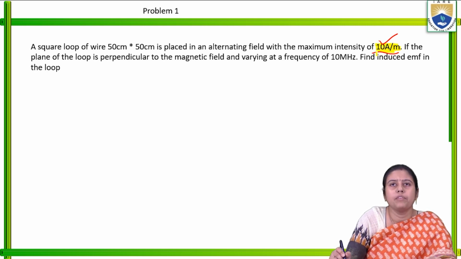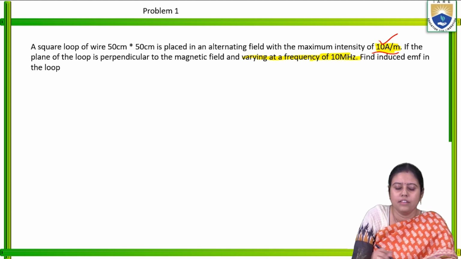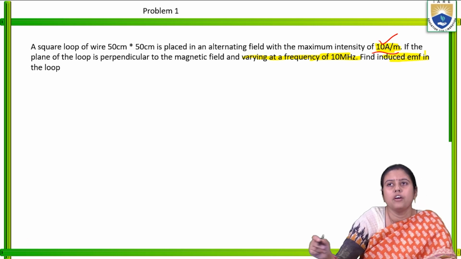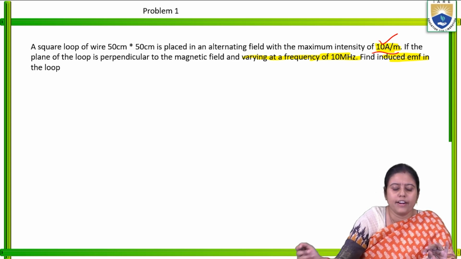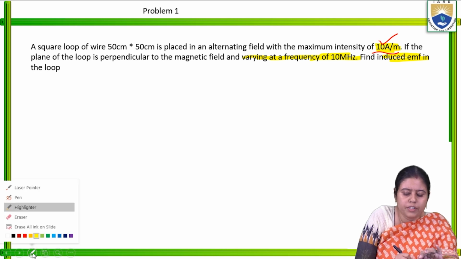If the plane of the loop is perpendicular to the magnetic field and the field varies at a frequency of 10 megahertz, find the induced EMF in the loop. So we have to find the induced EMF, and we can calculate it from the formula of Faraday's law. So how to solve this problem?